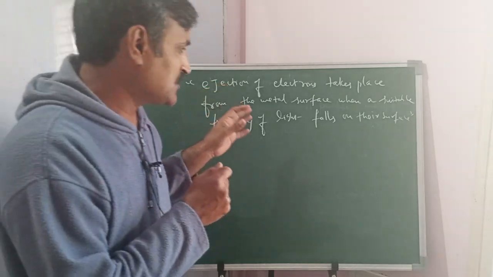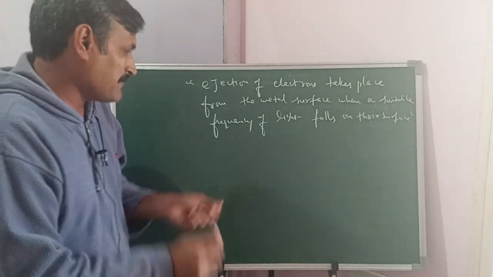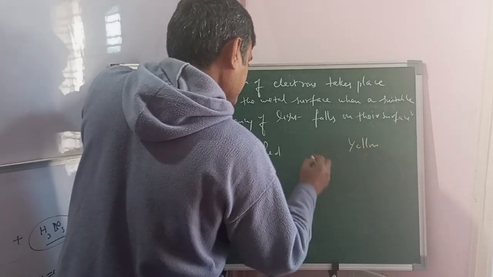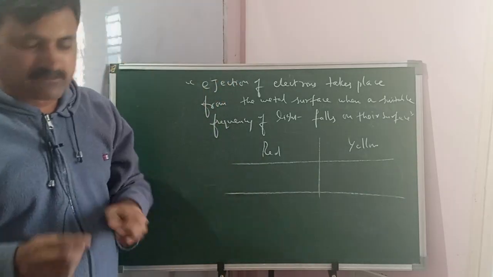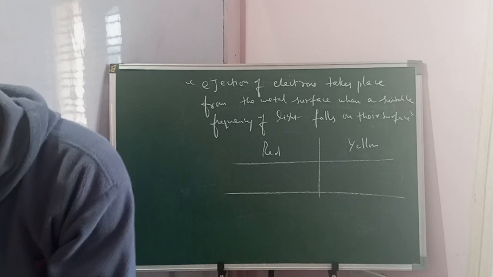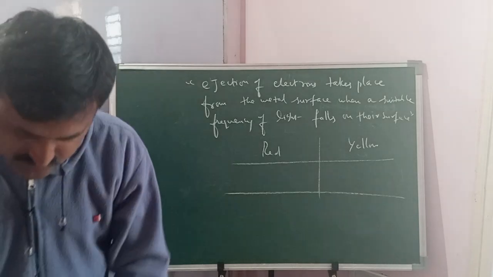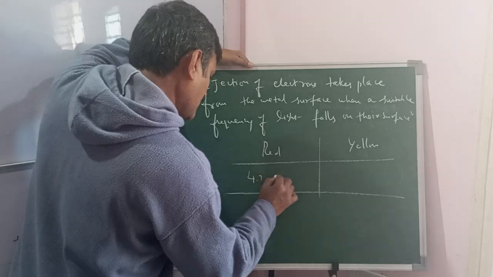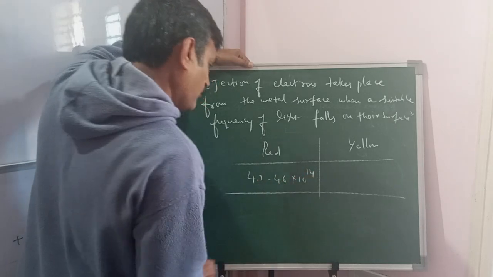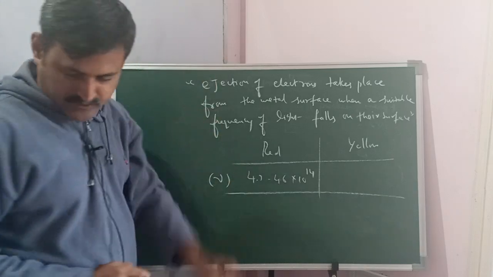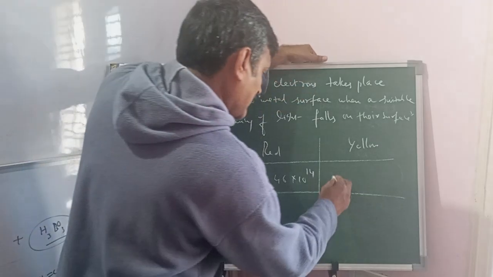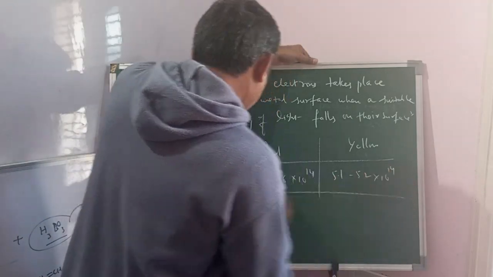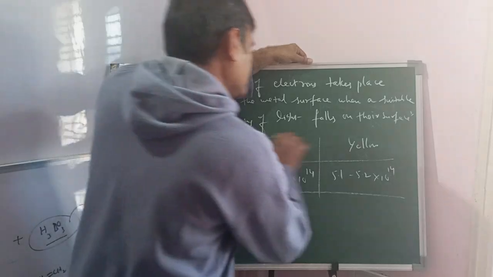For example, if I take red light and yellow radiation, as per the data analysis from research books and NCERT, the red color frequency range is 4.3 to 4.6 into 10 to the power of 14 hertz, whereas yellow light is 5.1 to 5.2 into 10 to the power of 14 hertz.